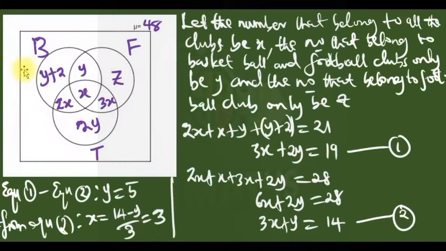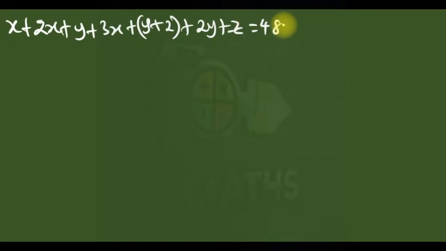Let's start with x. 2x, y, 3x are the ones with 2 spots, and we've done all of those. Now the ones with only one spot: 1 plus 2 plus 2y plus y plus 2 plus 2y plus z is equal to 48.